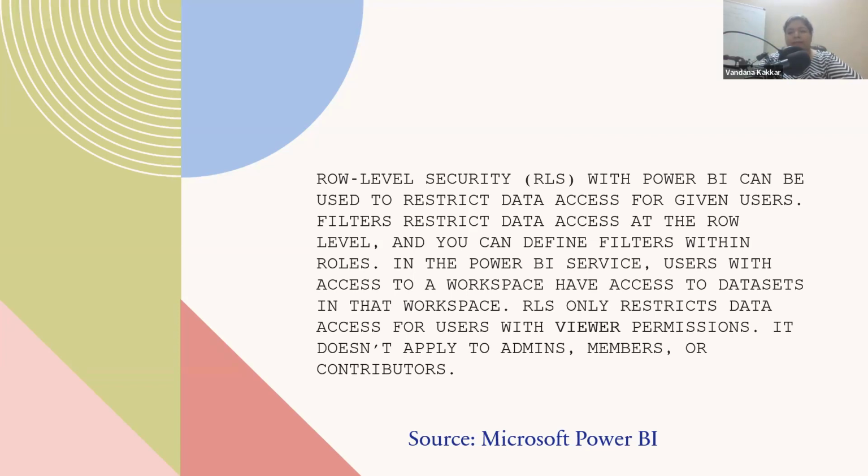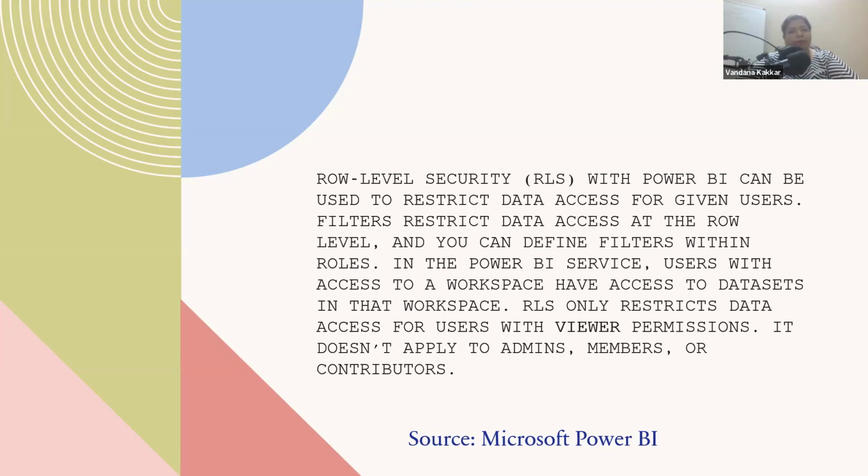In the Power BI service, users with access to a workspace have access to data sets in their workspace. RLS only restricts data access for users with viewer permissions. So only those who have viewer permissions can see the report. It doesn't apply to admins, members, or contributors.